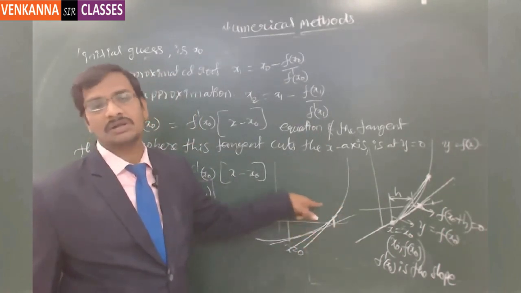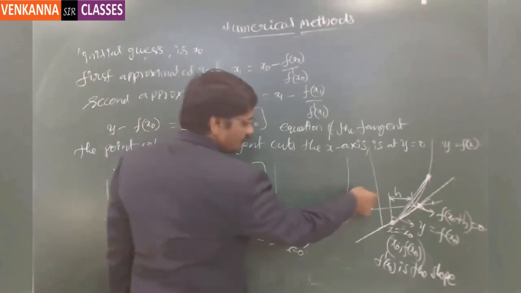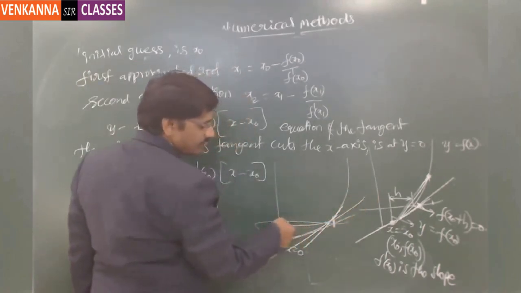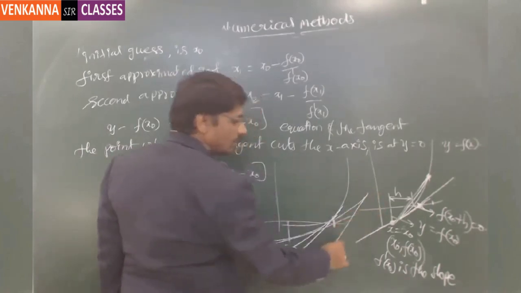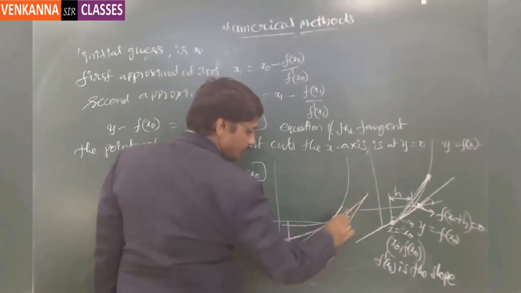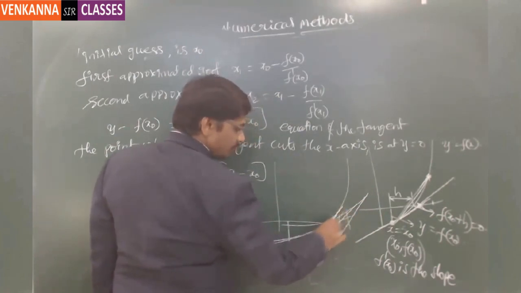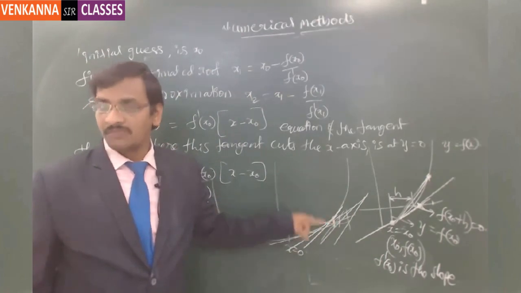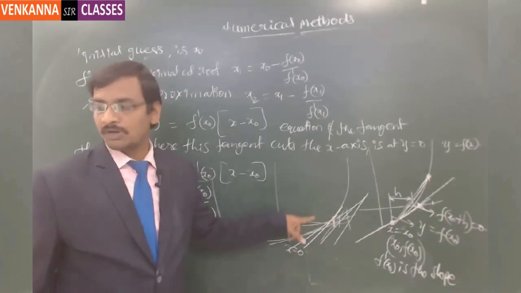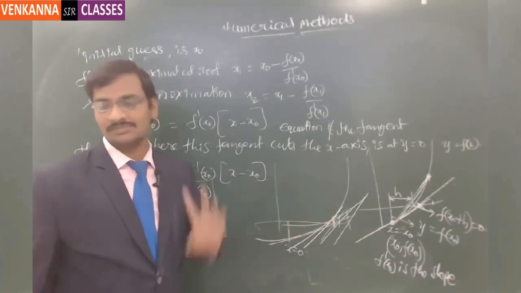But if it is not, suppose you take this equation which is almost parallel to the x-axis, then suppose this is the first approximation, then this is another approximation, and this is another approximation. Like this it may take more number of steps if the slope of the curve at the point where it crosses the x-axis is less.